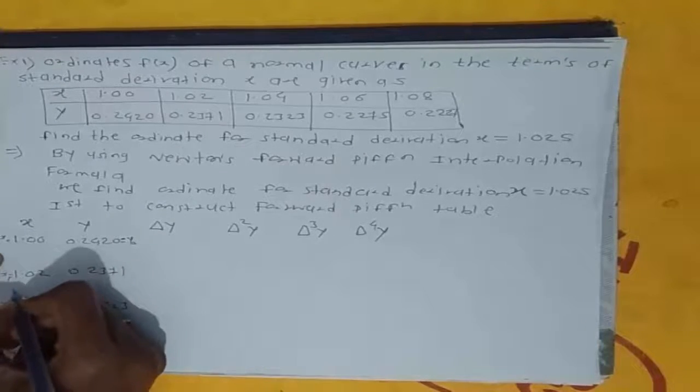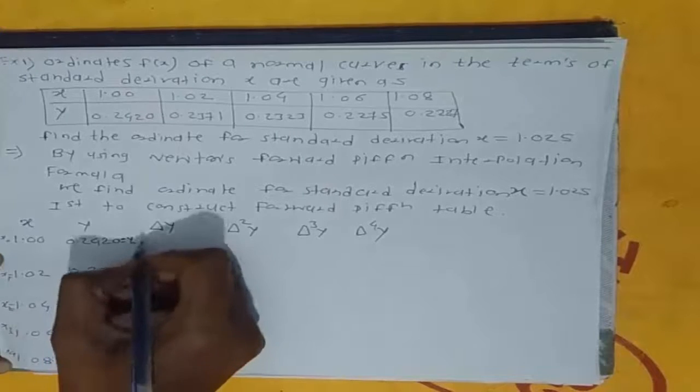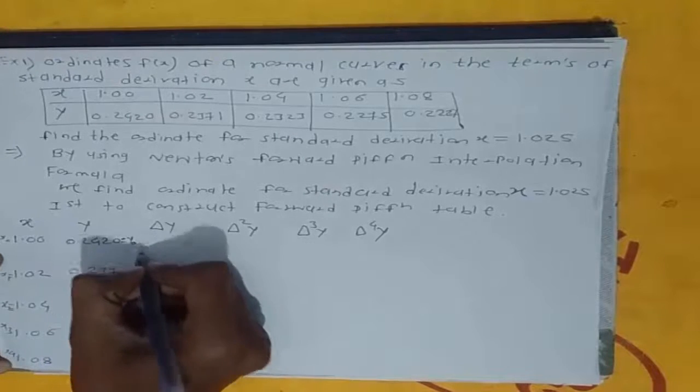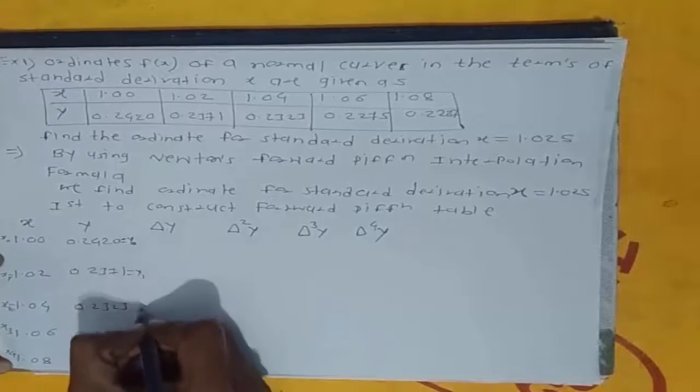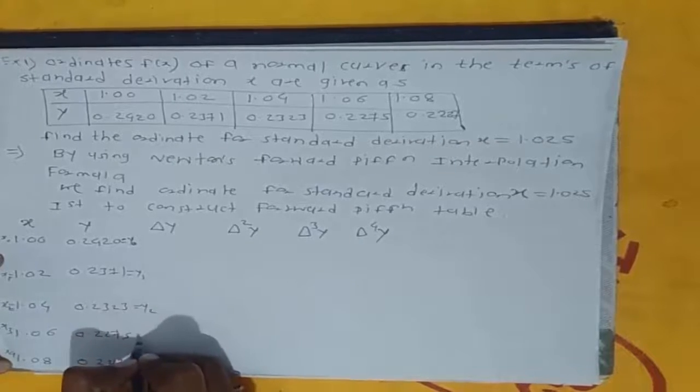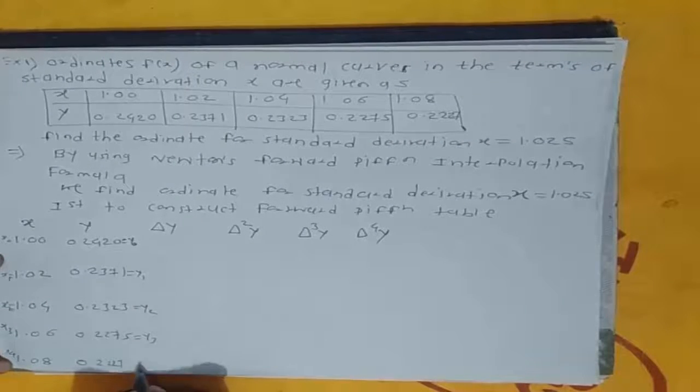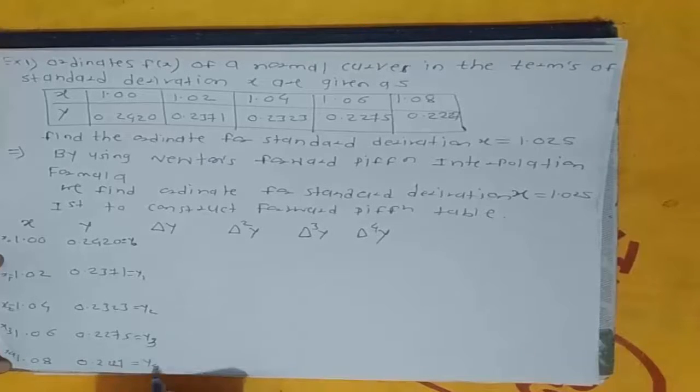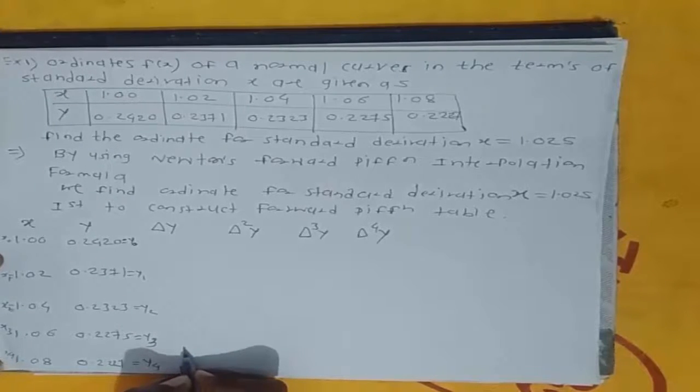Okay, x0, x1, x2, x3, x4. With respect to these, the values of y are y0, y1, y2, y3 and y4. Okay, so if we take y4 minus y3, then we get delta y3. Okay, so we write this difference here.